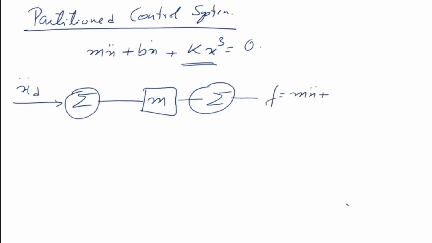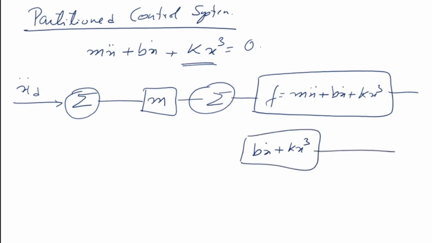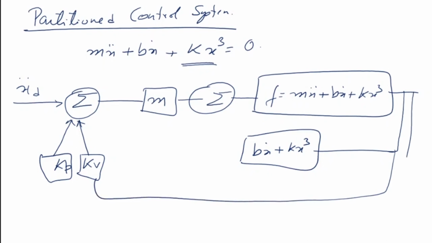This is my system equation, b x dot plus k x cubed, this is my system, and we have a k_p and a k_v as done before. So basically we are partitioning it, and one is coming there, one is going here, and one is coming here.